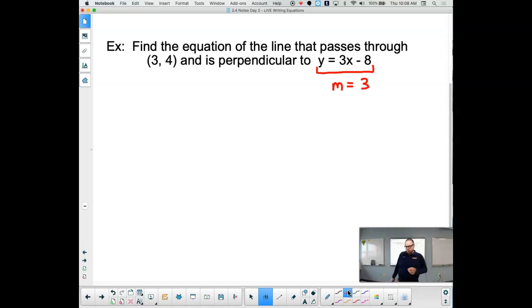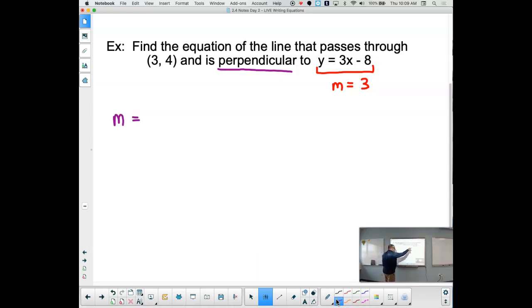Since the slope of that line is 3 and I want to be perpendicular, the slope I am going to use is the opposite reciprocal.